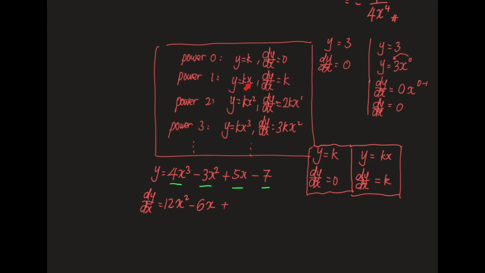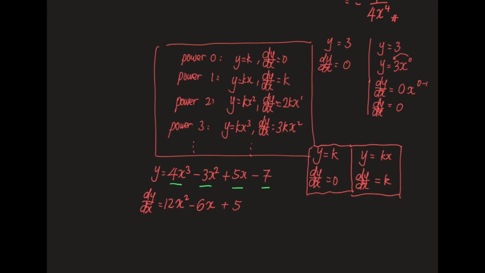So 5x, special case. 5x become 5. And then negative 7, special case. Negative 7 is constant term. dy dx, 0. So negative 7 you differentiate becomes 0. If 0, then no need to write. No point to write minus 0 or plus 0. It's just no difference. Okay, so the final answer is like this. So the idea is differentiate term by term.